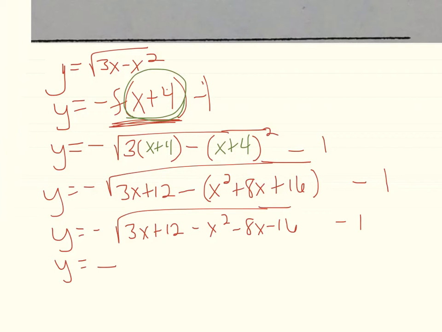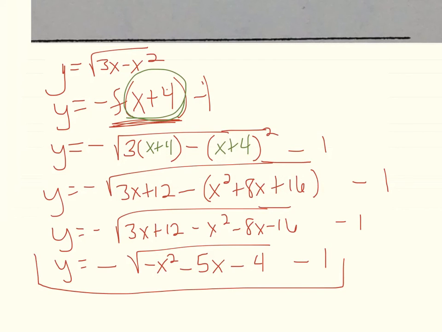And we're going to combine our like terms. It looks like we're going to have a negative x squared out front, a minus 5x, and a negative 4. And then don't forget that minus 1 on the outside. All right, so that is our final answer for what the equation for this semicircle would be.